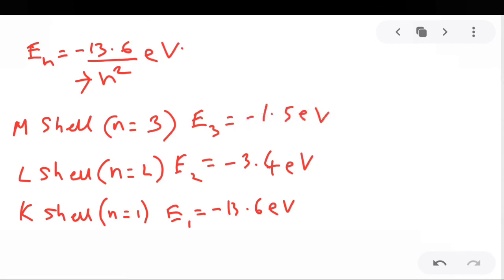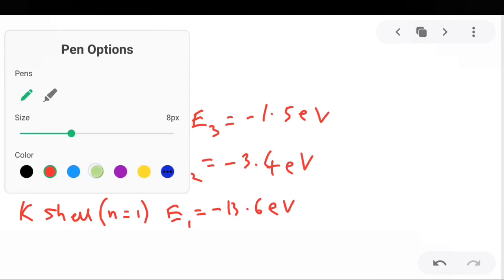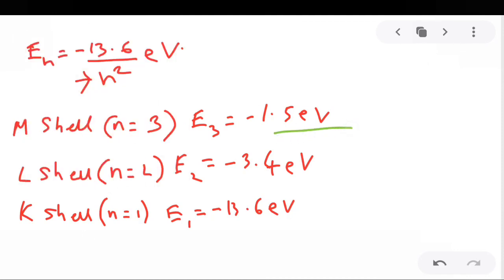So if an electron makes a transition from E3 to E2, the photon that will be released will have energy equal to the energy difference of these two levels. That is equal to 1.9 electron volt. So this will be the energy of the photon.